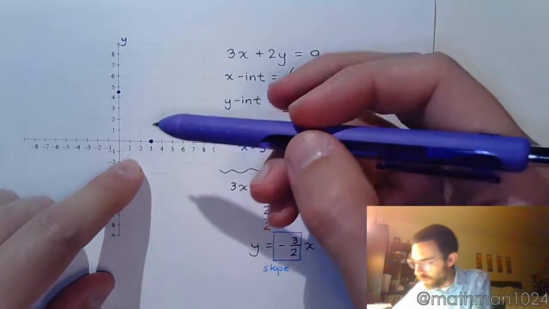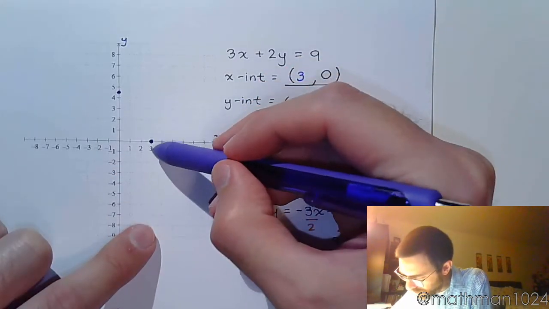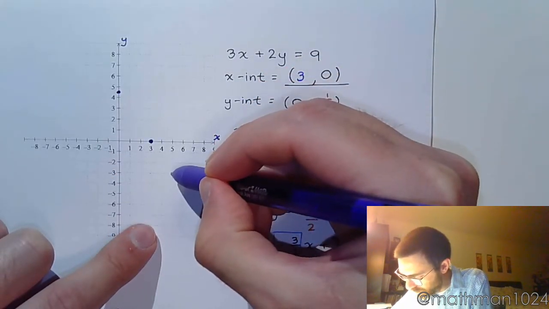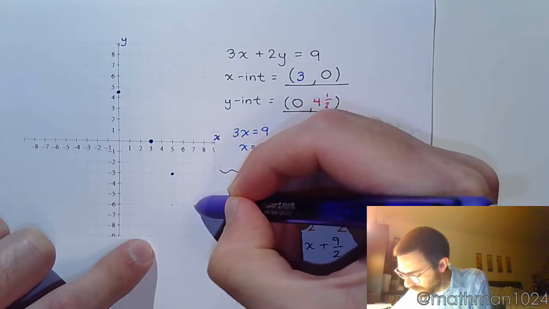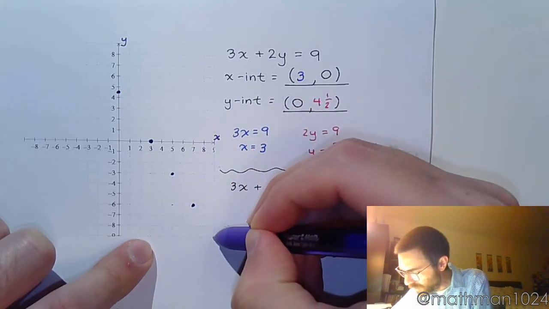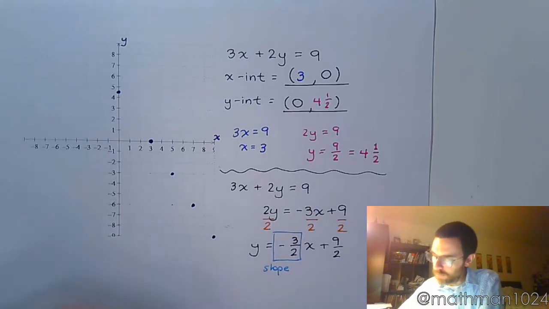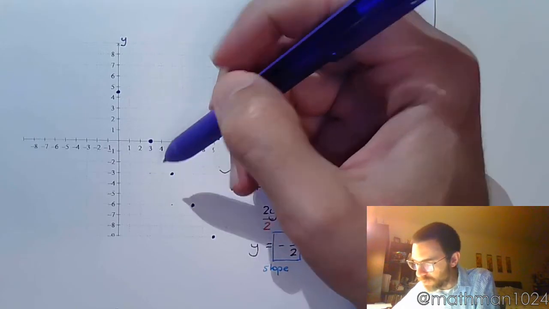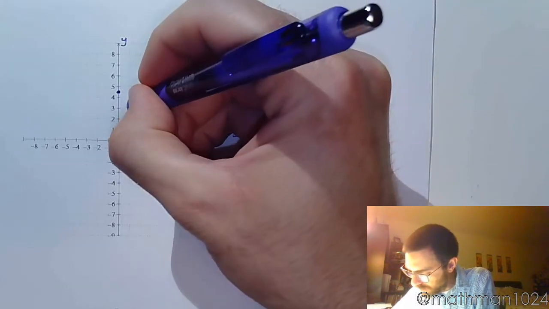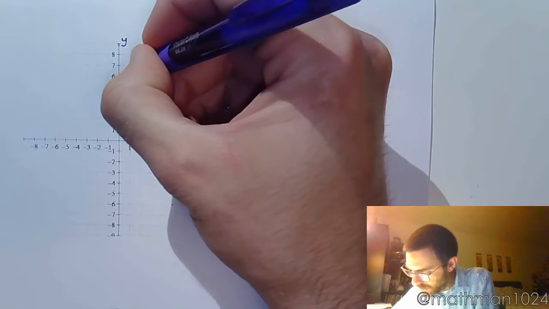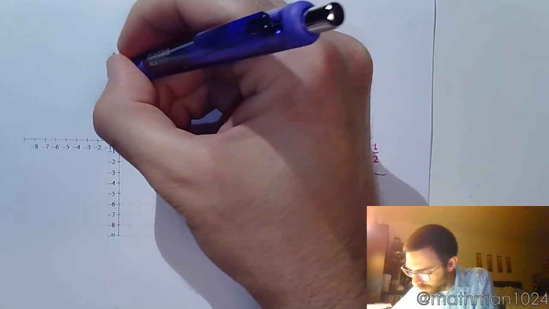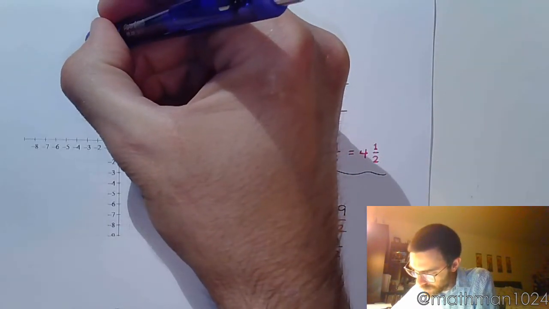I could start here, and using my slope, I can go down 3, to the right 2, down 3, to the right 2, and so on. So I get a lot of extra points, which is going to really help me line up my straight edge for graphing my line. Well, we went to the right, let's go back to the left. So instead of going down 3 to the right 2, let's go up 3 to the left 2, up 3 to the left 2, and so on.